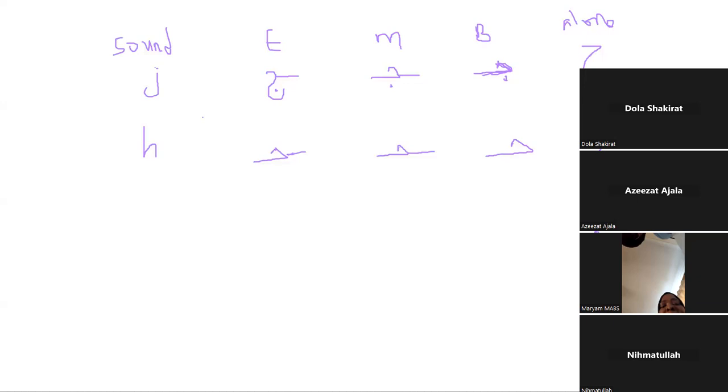How do we remember? If you remember a dog, you remember this letter, because the dog always goes like that. Or maybe when you run upstairs or downstairs, you feel tired. So to get this letter right, we have to say it from the throat. So this letter is called Ha, like house, like hotel, like hole.